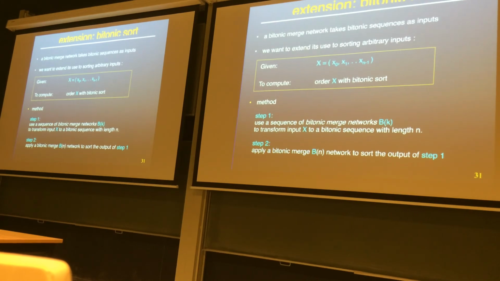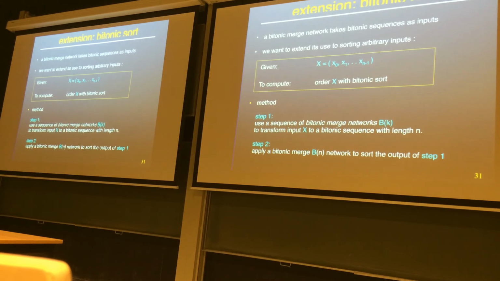So that means that we try to comply with the prerequisite for bitonic merging, that you have a bitonic sequence. And then in step 2, we apply a bitonic merging network, Bn, to sort the output of step 1. And the nice thing is that for merging and sorting, you are using the same type of networks. So there's no longer a difference between sorting and merging.